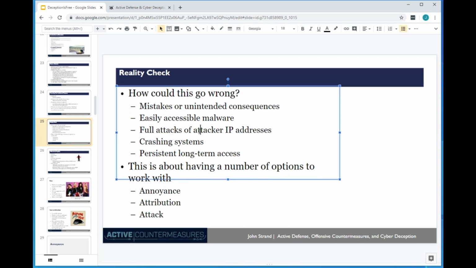Full attacks against an attacker's IP address. Don't do that either. When we first released the book on cyber deception and hacking back, we got a call from somebody at Wired, one of the reporters, who said, oh, well, you're talking about hacking back and doing these things. I'm like, well, technically, that's not at all what we're doing. We're not selling the idea of hacking back.